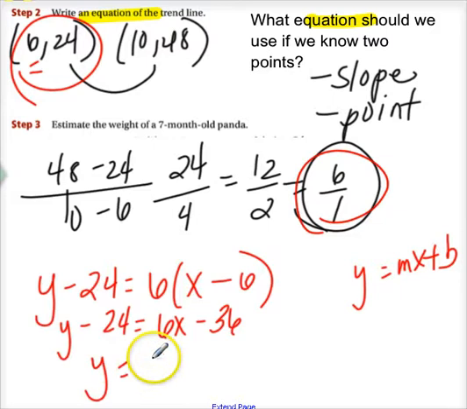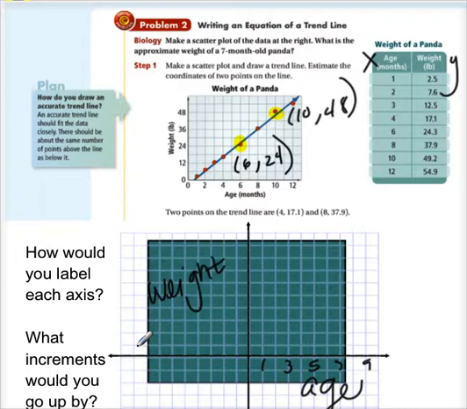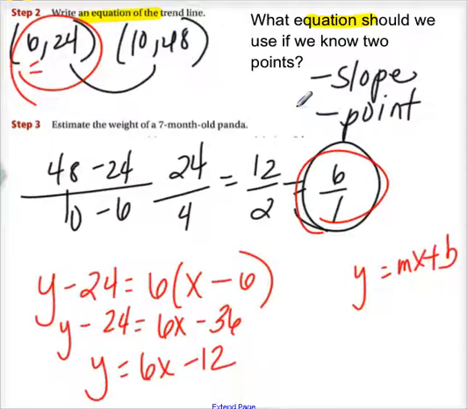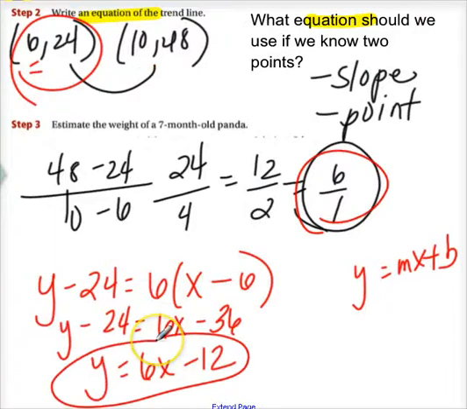Add the 24 over: y equals 6x minus 12. Here is the equation of my trend line. Now, even though you picked different points than maybe your neighbor did, your equation should be very close. It should have a very similar slope, if not the same, and your y-intercept should be very similar as well.